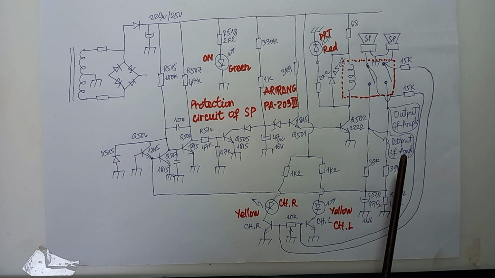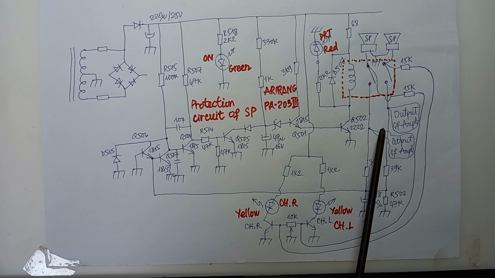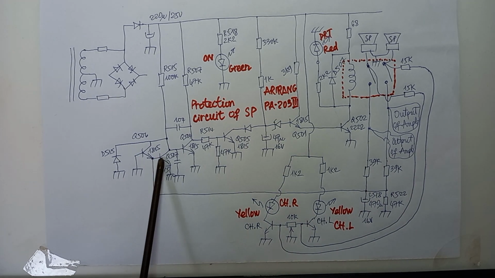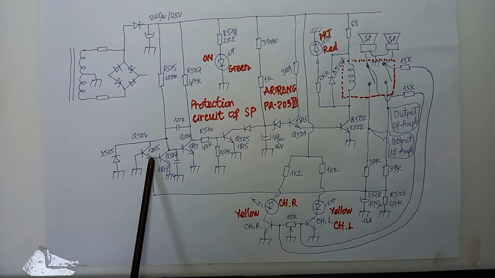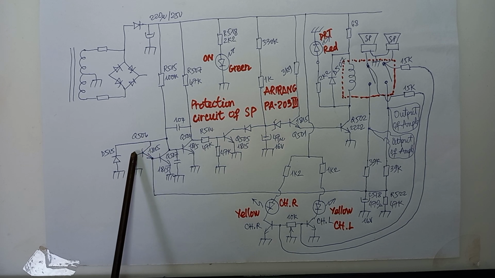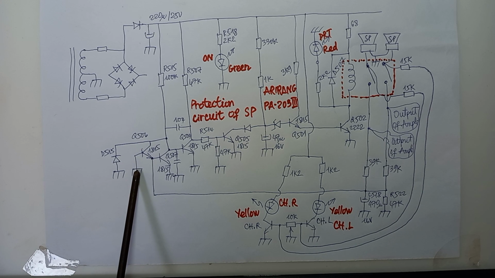For example, if one of 2 points has the negative voltage, if the voltage here is a negative voltage, this transistor will not conduct electricity, but this transistor will conduct electricity because the pin base of this transistor is connected to the ground.